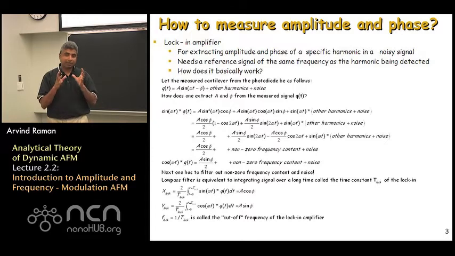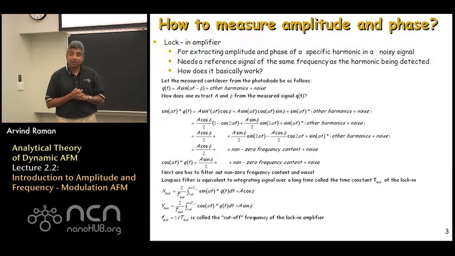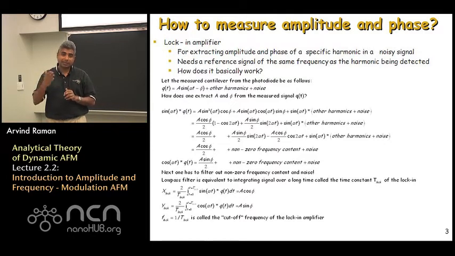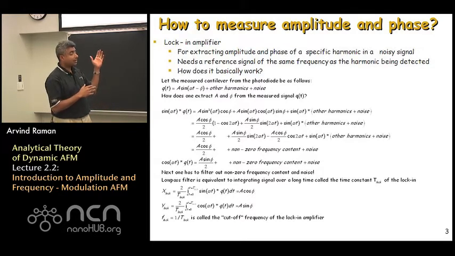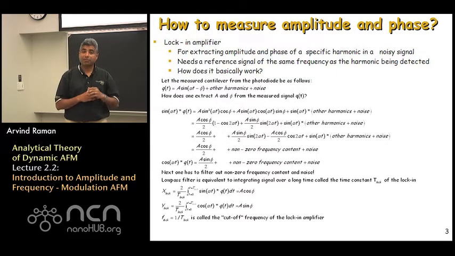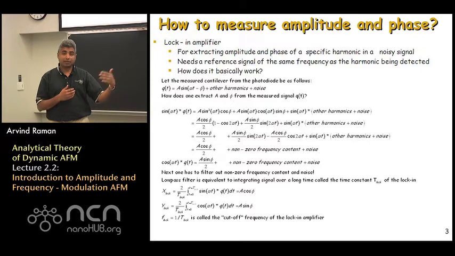Now, what I've tried to sketch out here is briefly the conceptual idea of how a lock-in amplifier works. So let's say you're interested in extracting from a tip displacement signal that comes out of the photodiode, let's call it q(t), a component A sine(omega t minus phi). We want to find out what A is and what phi is, while we have other harmonics and other noise that might be present.